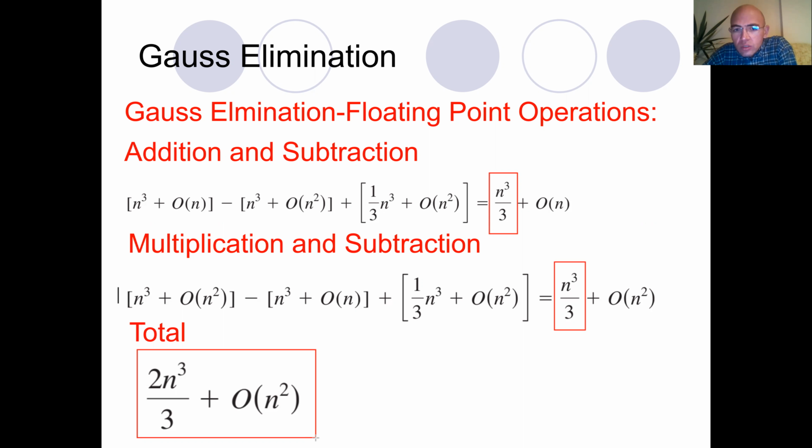This is the total number of floating point operations you do. As you see, it increases with the cube of the number of equations. So if you have 10 equations, basically you have 2000 divided by 3 floating point operations, and the remainder is of order n squared.